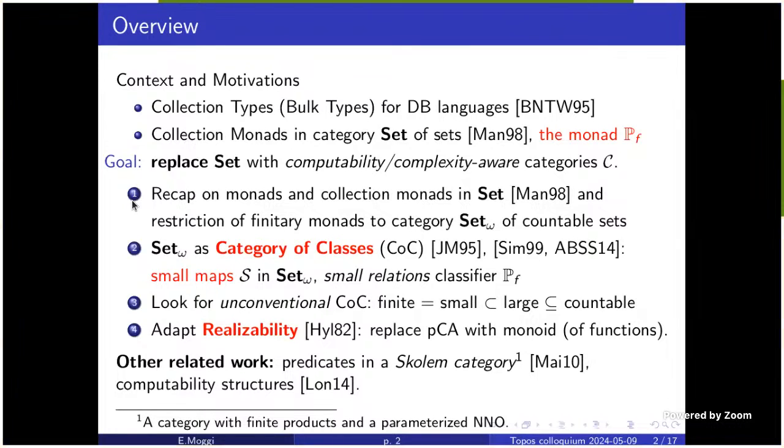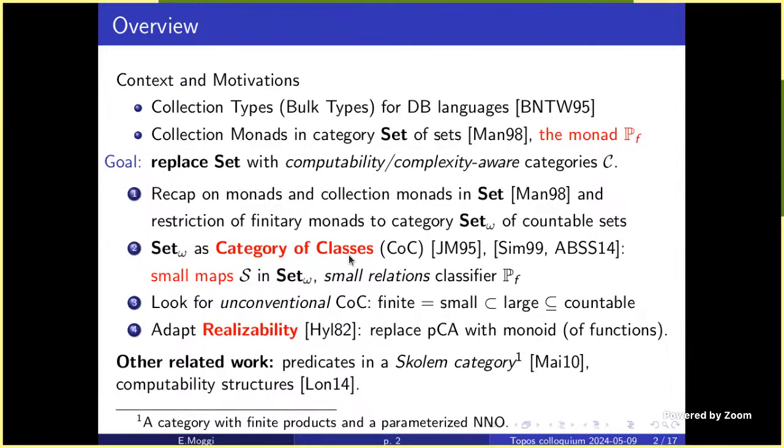In the presentation, I will first of all recall the results in this paper, then replace the category of sets with the category of countable sets. Observe that this category is a model for the category of classes, which is basically the counterpart of Bernays set theory in the category-theoretic framework.